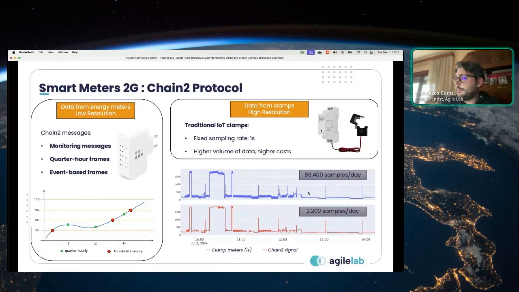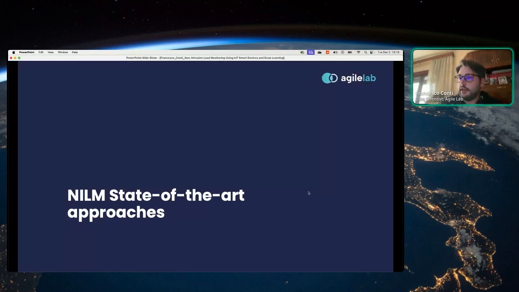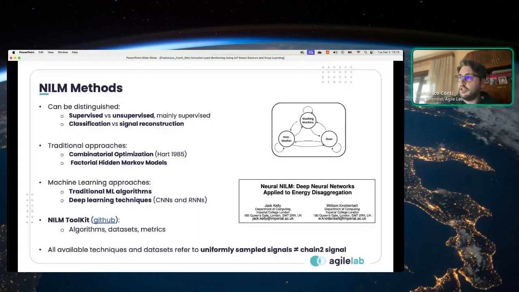Okay, but let's see the algorithms used in this field. We can categorize algorithms in different ways. We could have supervised or unsupervised techniques. Also, NILM can be modeled as a classification problem or as a signal reconstruction.